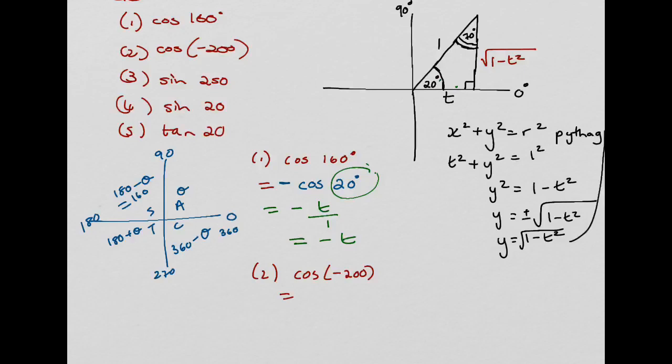Right, so now we have cos of negative 200. So we've got to get rid of the negative as well as reduce the 200 down to something that will work in the triangle. So either a 20 or a 70. So we first ask ourselves, what is cos of a negative number? It is just cos of that number.